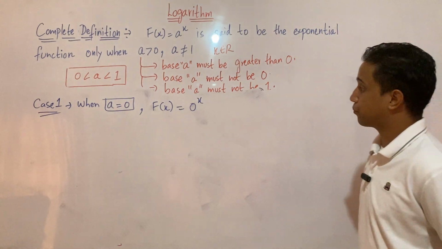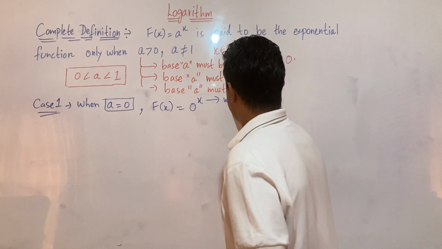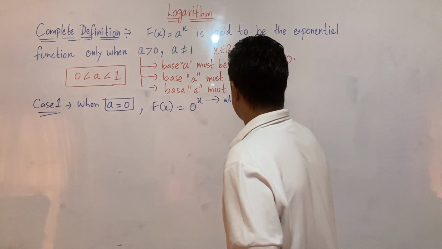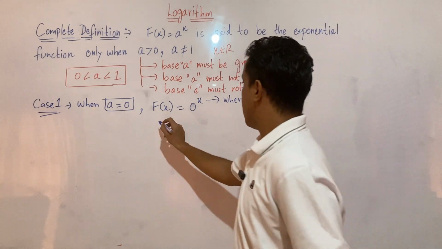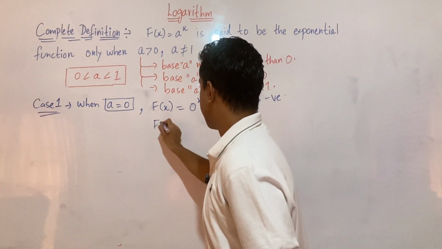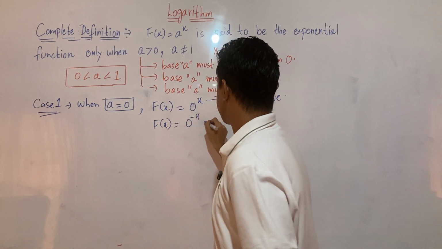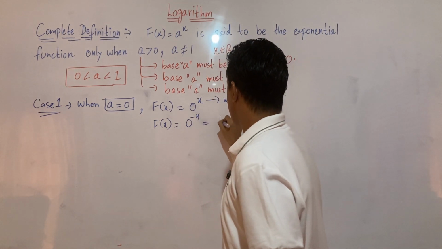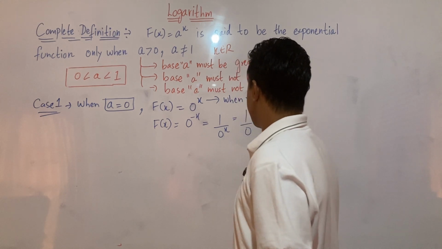Now see here, when x is negative, f(x) is equal to 0 to the power minus x, so I have to do 1 by 0 to the x, which is 1 by 0. And what is it?